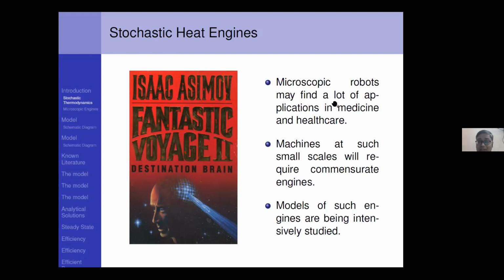Now, one of the hurdles in devising these machines is what kind of engines will power them. We need to find commensurate engines, because we definitely cannot connect them to large engines, because they cannot endure that much power output. So the engine should also be small, so that the power output can be endured by these microscopic machines. And that is why such systems are intensively studied nowadays.